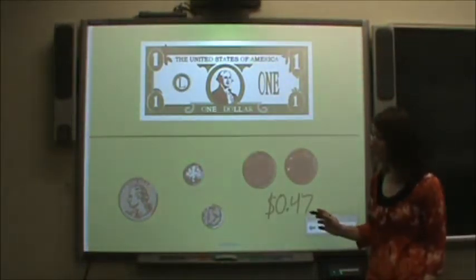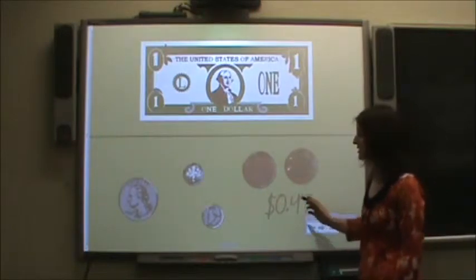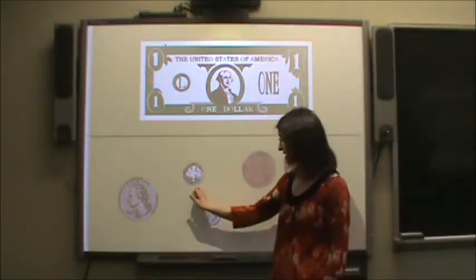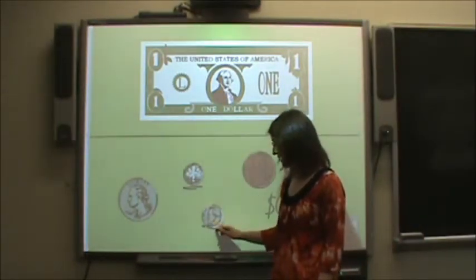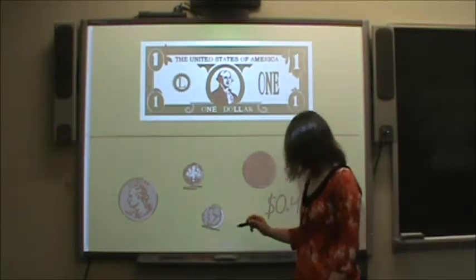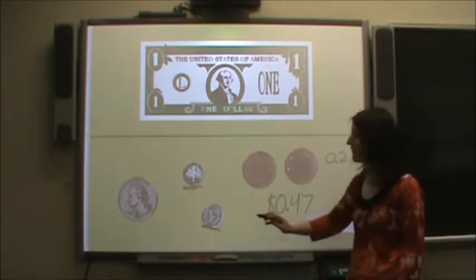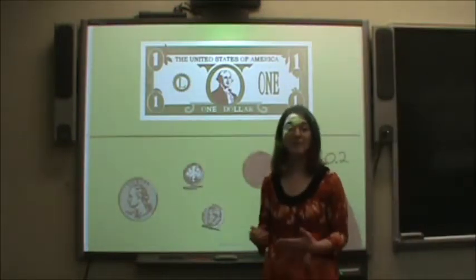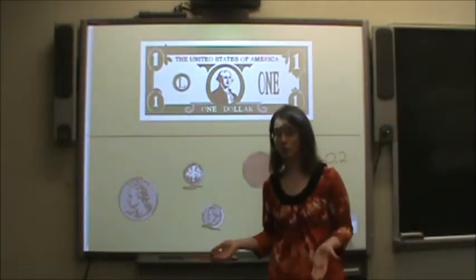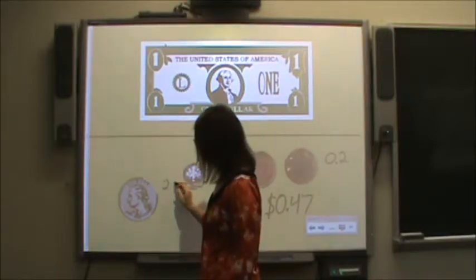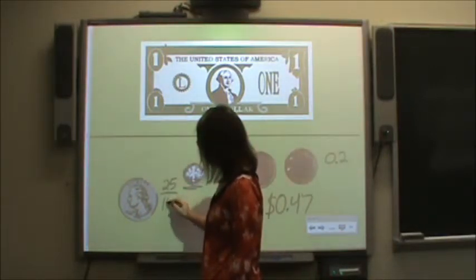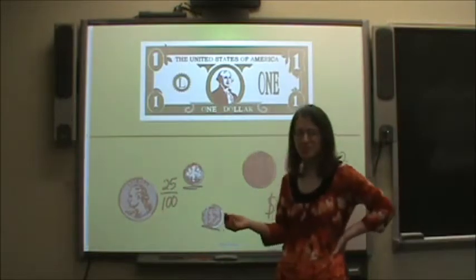Well, I started out by looking at my dimes, because I already know that those are tenths. So I have 2 tenths here. So I'll just write that over here, just so I don't forget. Now I have my quarter. That's 25 cents, which I know that means 25 hundredths. That's tricky.